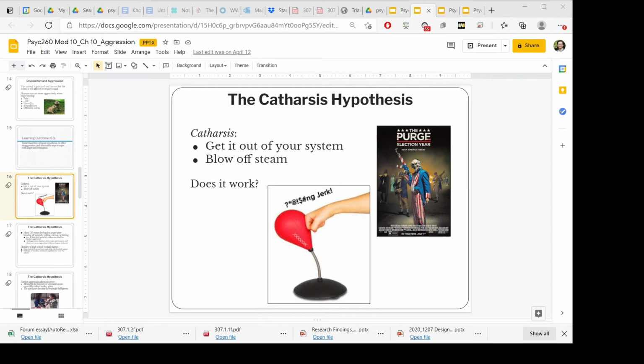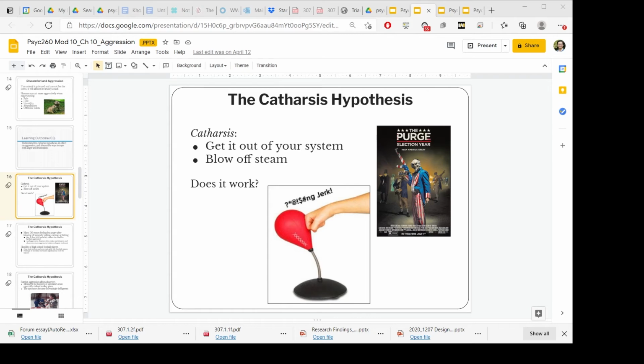For example, punching a wall so you don't hurt somebody but still get your anger out, or watching a sport or violent movie. The hypothesis is supposed to reduce aggression.